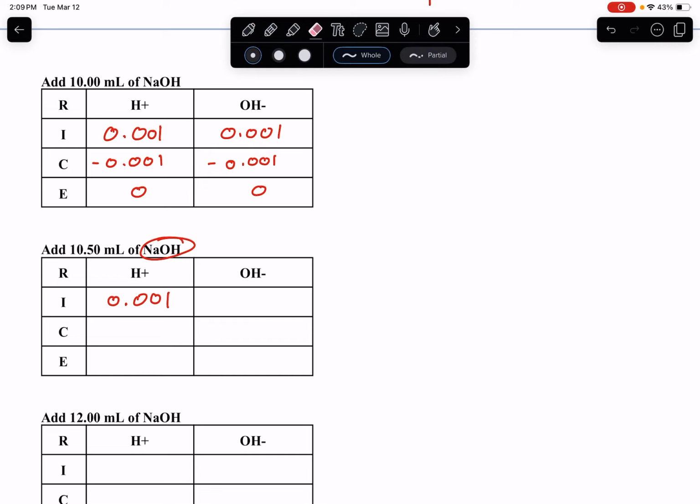That's just still molarity times liters is equal to moles, just from our molarity equation. So now the H plus is the limiting reactant, and our OH is in excess. So we're going to have 0 of this left over, and we're going to have, I'll do this in scientific notation, 5 times 10 to the negative 5 moles.